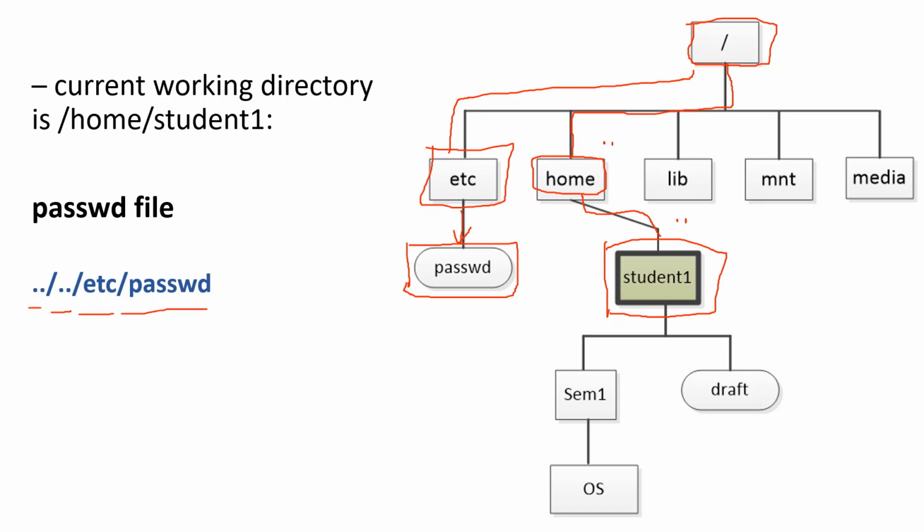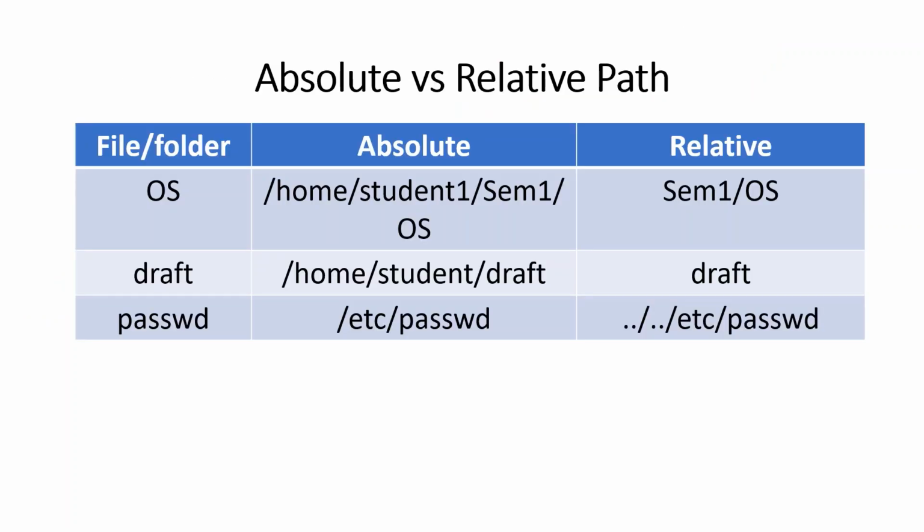Okay, so those are the three examples of relative path which I can conclude in this table. For the OS file, this is the absolute path and this is the relative path, and likewise for draft and password.